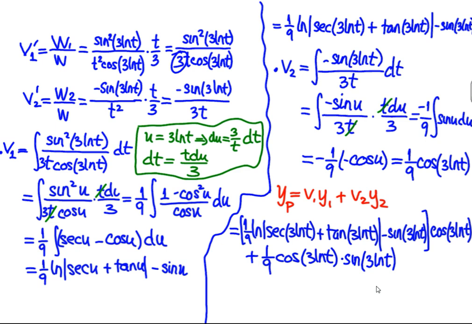Right. Now, you can see that when we multiply this out, I made another mistake, just a minor one. When we have the 1 over 9, that is for the whole thing. So if we multiply it out, we have 1 over 9 here as well.